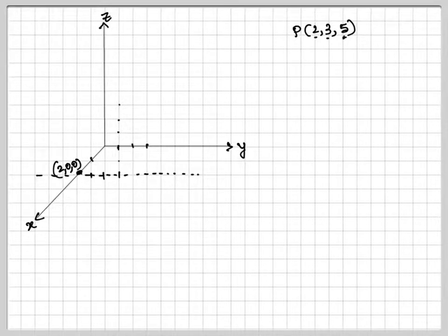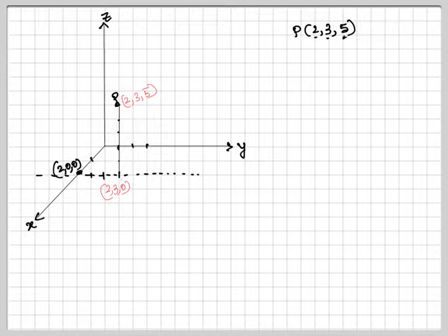The second point that we are taking on the xy plane is (2, 3, 0), which is the projection of the point on the xy plane. And then we have the third point, which is our point (2, 3, 5). This is the point in space. So this is the point P.